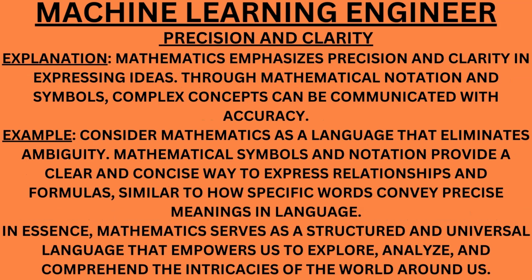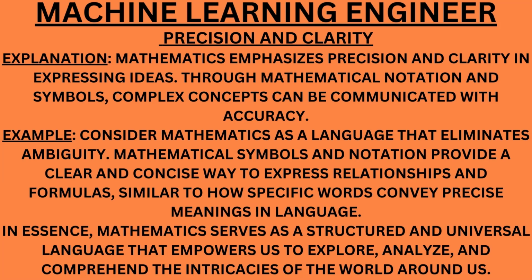Precision and clarity. Explanation: Mathematics emphasizes precision and clarity in expressing ideas through mathematical notation and symbols. Complex concepts can be communicated with accuracy. Example: consider mathematics as a language that eliminates ambiguity.